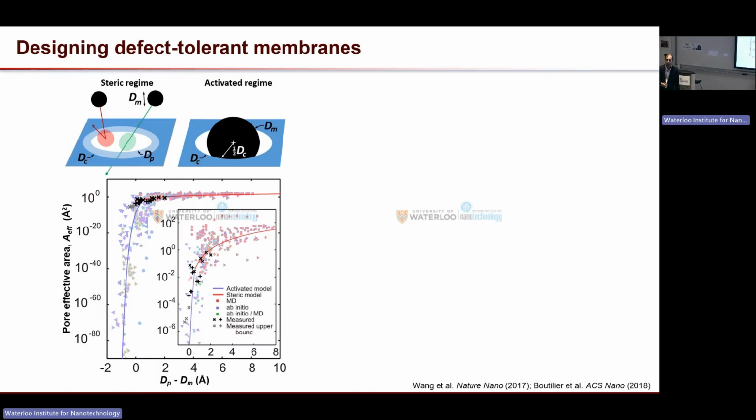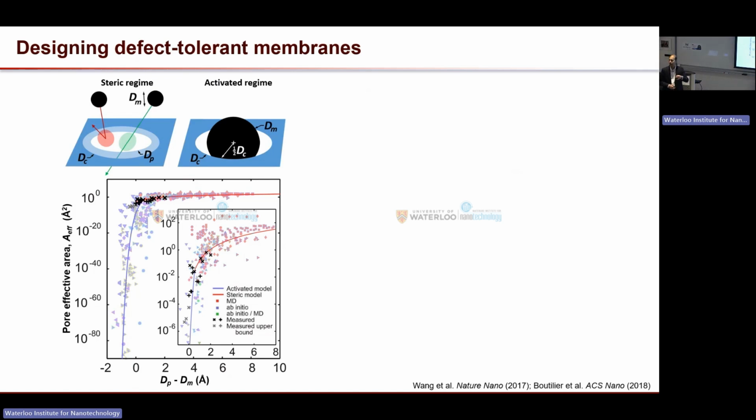So we first tried to apply this for gas transport. And depending on the difference in diameter between the pore and the gas molecule, you can have different regimes. So this is the effective area that the gas molecule sees. If the pore is bigger than the gas molecule, then all the data points are here. So the pore appears to be a certain area.